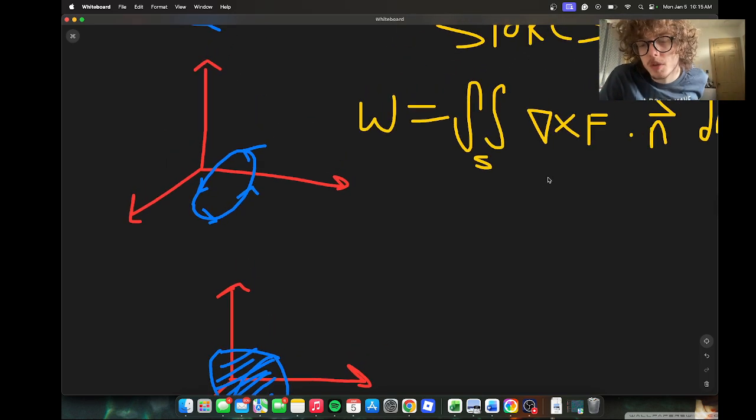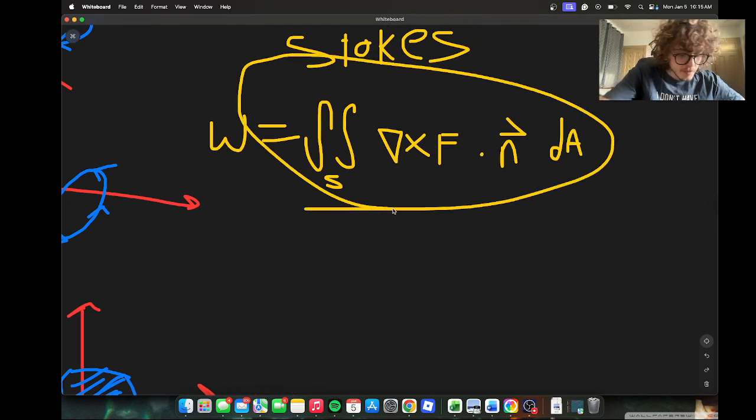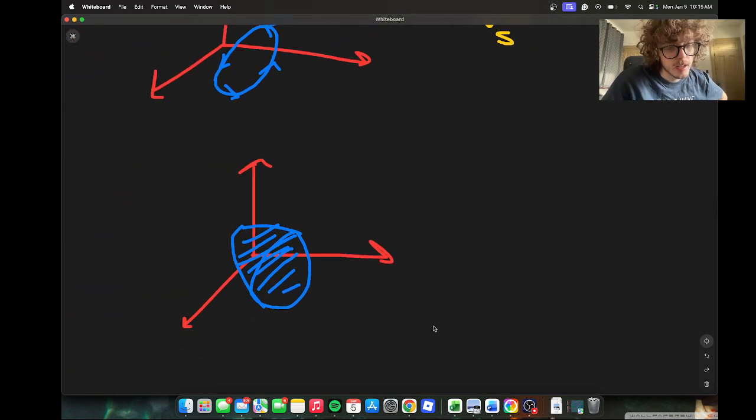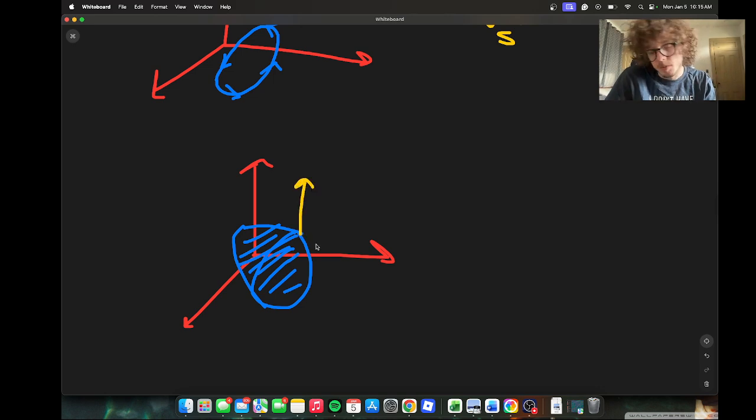The property still holds true. The total flux moving through that object is equal to this. And the reason we can say that, and if I remember correctly, I'm not too familiar with this idea, is that the curls at any point are going to cancel out. So let's say you have a positive curl here, completely next to it you'd have a negative curl, and they cancel out, except when you get to the boundary there's going to be some curls there.